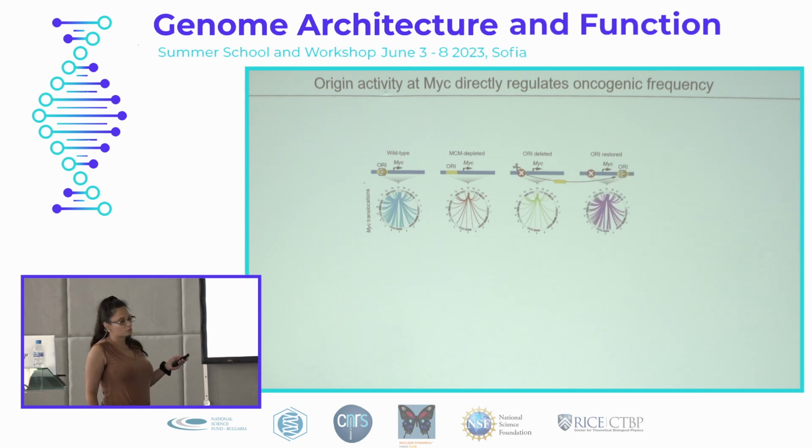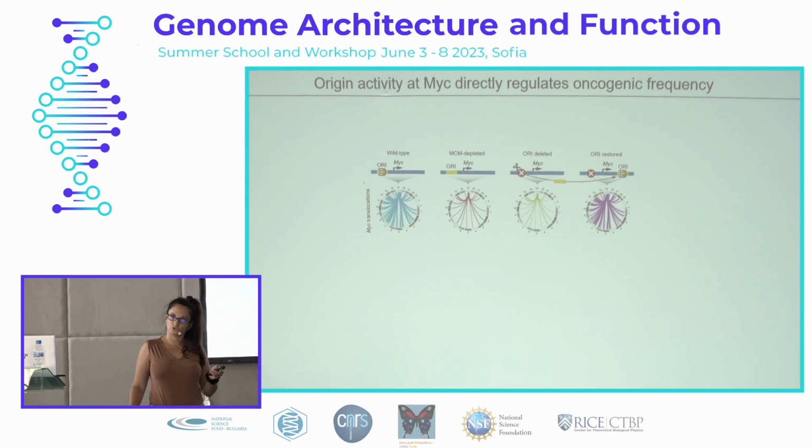And when we reintroduce the origin of replication downstream of MYC, 14 kb downstream, we could restore the MYC IGH translocations and also the MYC translocations genome-wide. So this showed us that the origin activity is directly involved somehow in translocation genesis.